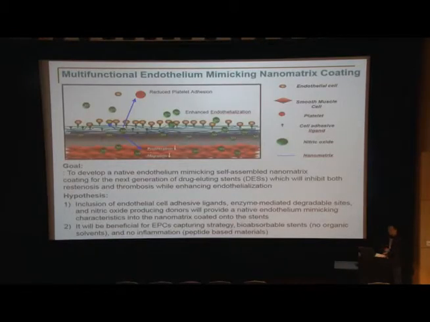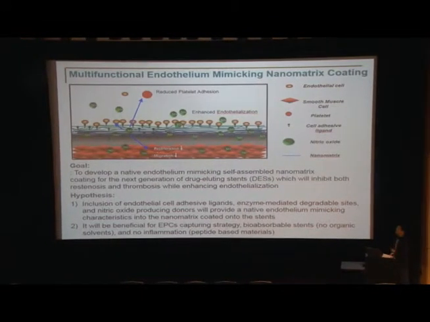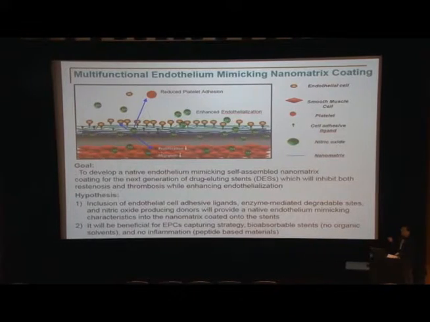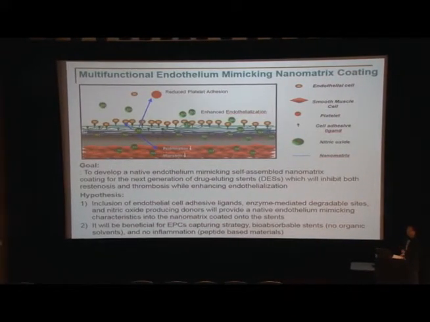That's why our overall strategy is to provide the endothelium-mimicking environment onto the surface. Once it's working, it can be applied to any type of cardiovascular device. So the ideal strategy is to recover the healthy endothelium. Then the question is how. So we designed a self-assembled nanomatrix.